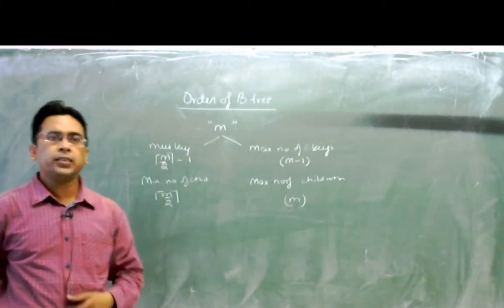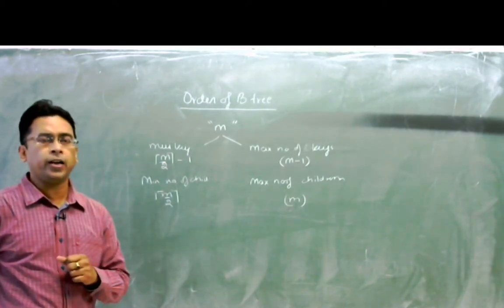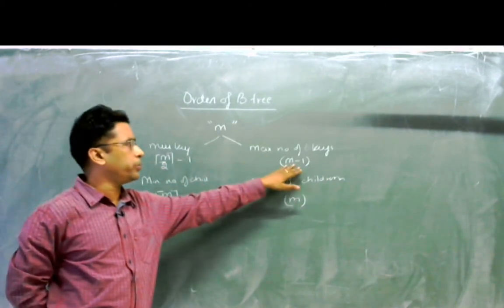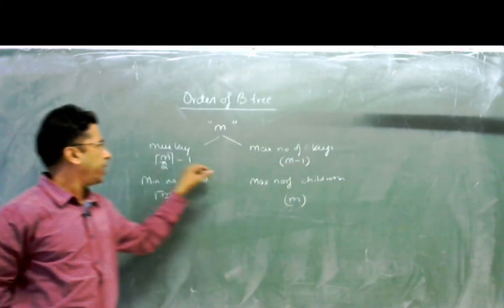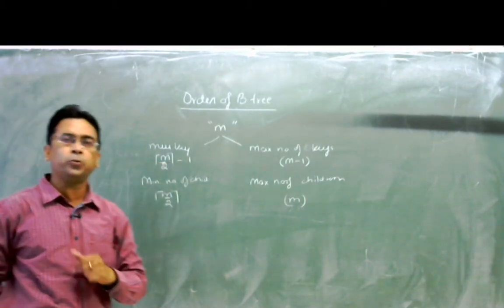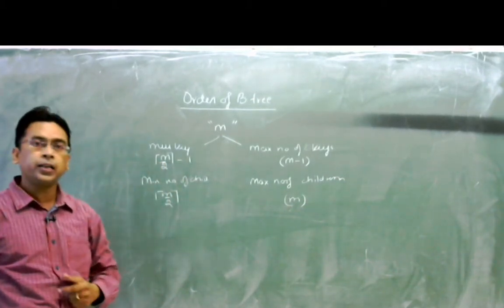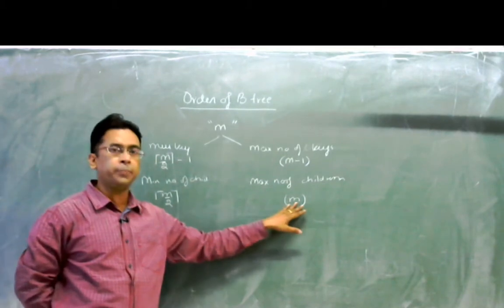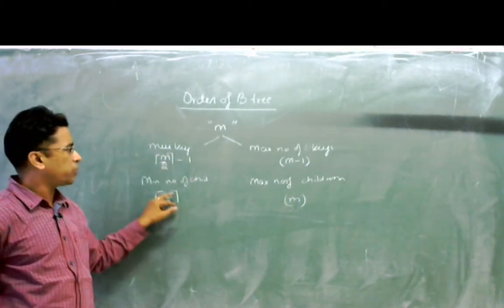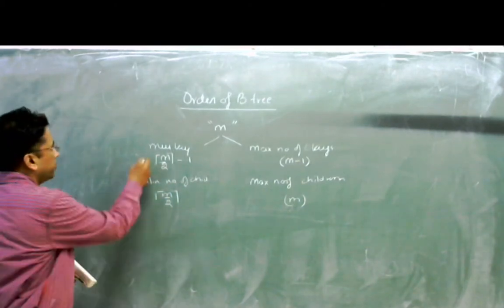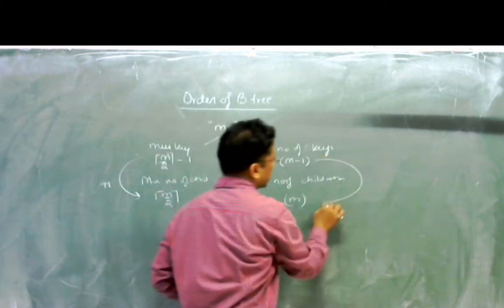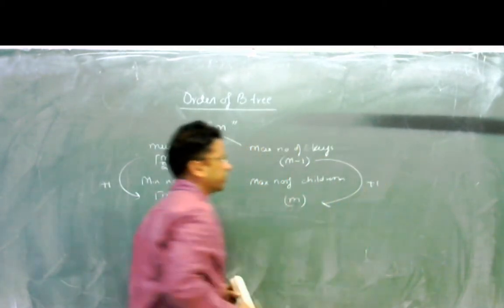So these are the terms that you should know: if the order is equal to m, then the maximum number of keys is m minus 1, and the minimum number of keys is the ceiling value of m by 2 minus 1. Similarly, the maximum number of children would be m, and the minimum number of children would be the ceiling of m by 2.